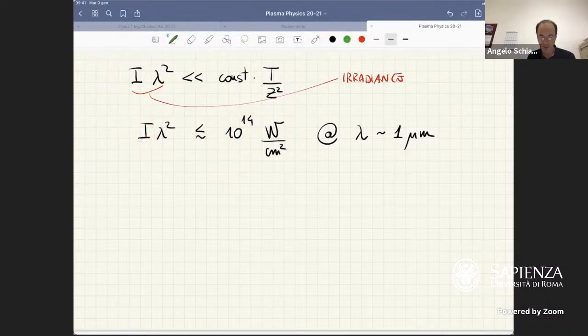Okay, this term is the intensity. So we say that if we are in this regime where the intensity times lambda squared is less than 10 to the 14 watt per centimeter squared per micron squared, then we are in the collisional regime.